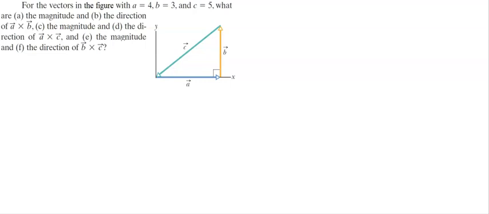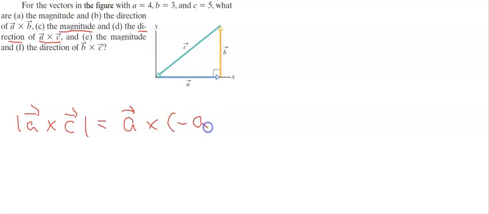Alright, next let's work on parts C and D, which is asking us for the magnitude and direction of A cross C. So A cross C can be rewritten as vector A cross the components of vector C, which is negative A plus negative B, and that's because C is going in the opposite direction.